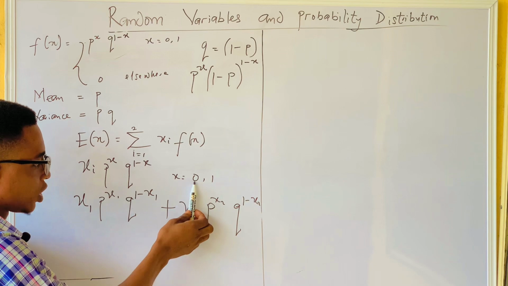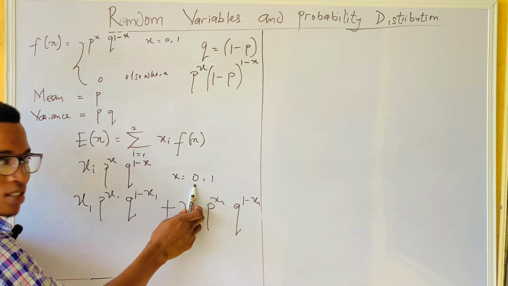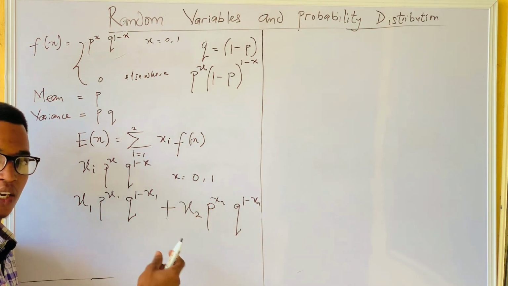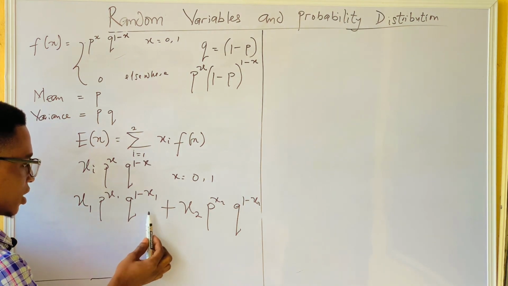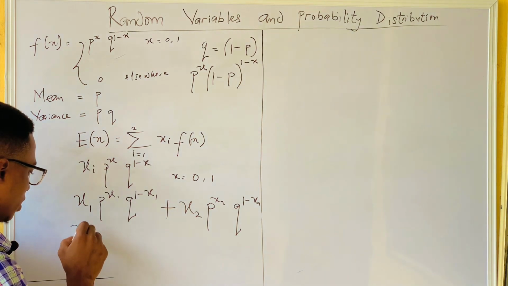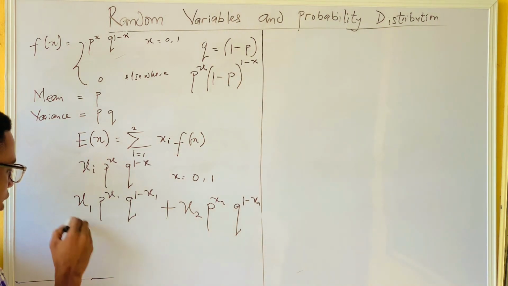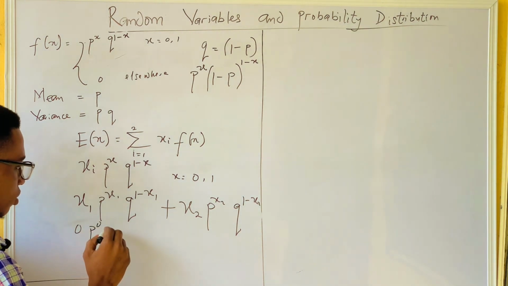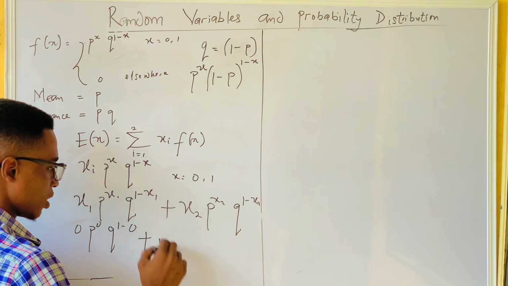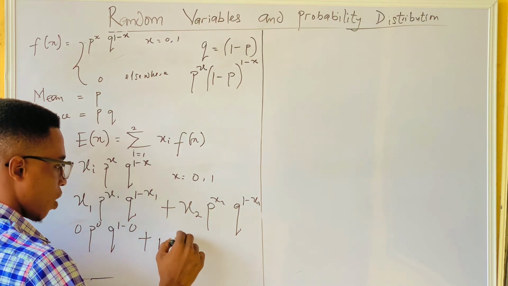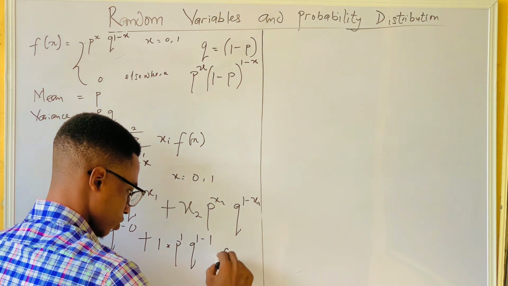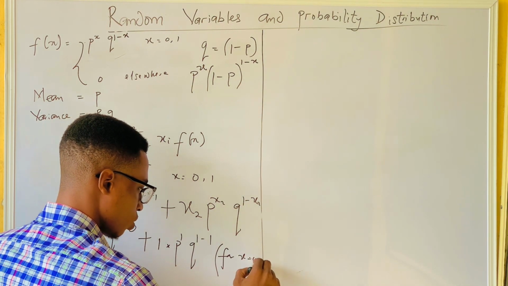All we need to do is to substitute this part as 0, and substitute the value of x in this part as 1 because our x ranges from 0 to 1. So anywhere we see x here, we put 0. Anywhere we see x here, we put 1. We have 0 times p raised to power 0 q^(1 minus 0) plus 1 multiplied by p raised to power 1 q^(1 minus 1), for x equals 0, 1.